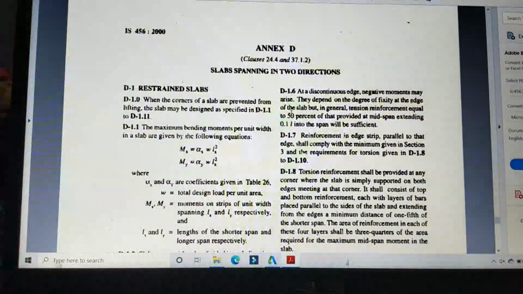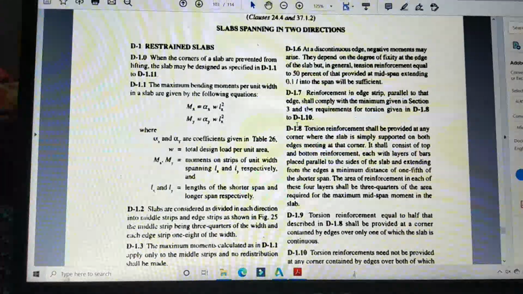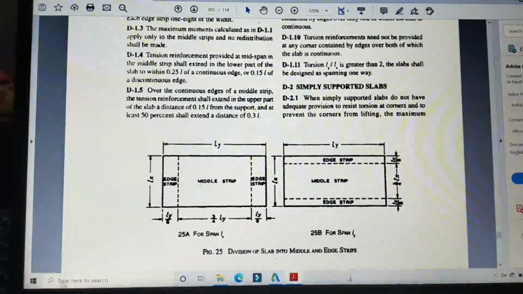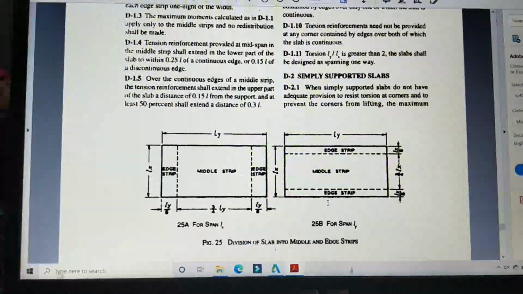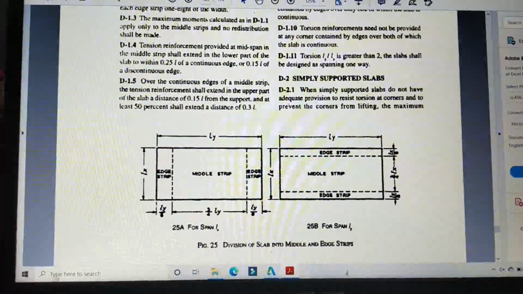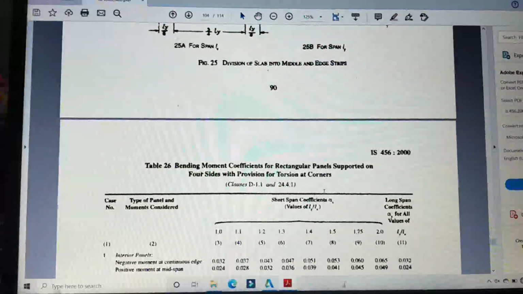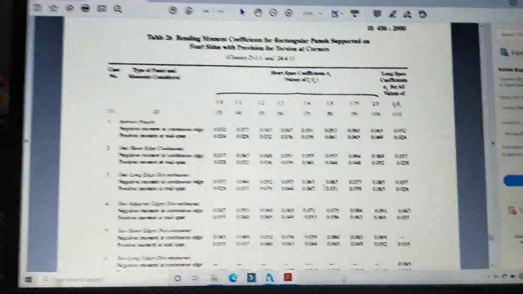You can see here IS code page number 19. This is the classification of two-way slab: this is the middle strip, this is the edge strip for the longer span, then this is for the shorter span. This distance is Ly by 8, this is Lx by 8. These are the conditions which I already told you.